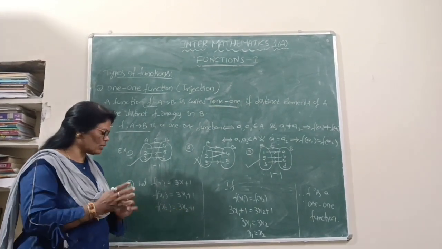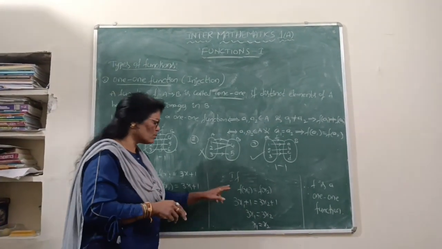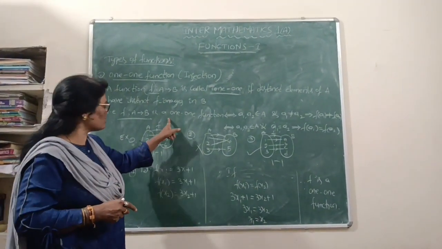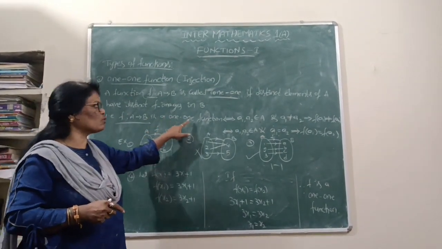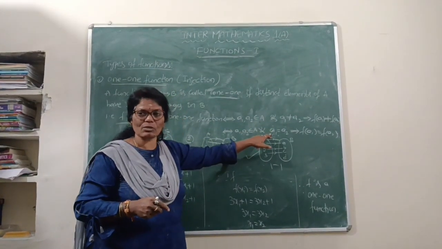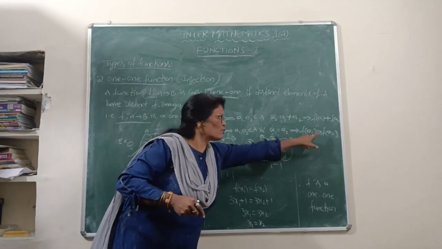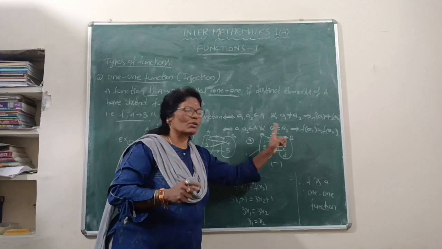By the definition of one-to-one function, f from A tends to B, either the first condition or the second one. So I am taking the second condition: if f of A1 equals f of A2, then we need to prove A1 equals A2.